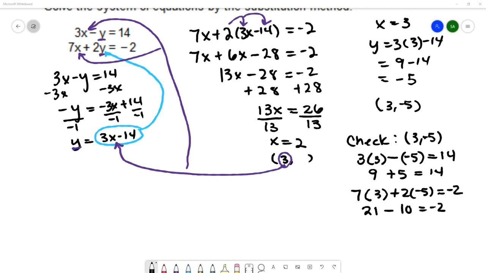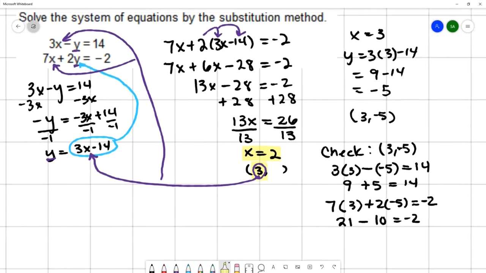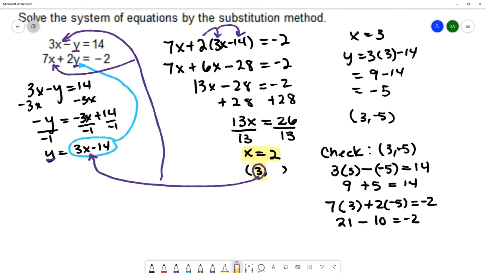Okay, so it's a good thing that we checked there, because right here I said that x is equal to 2, and I used the value of 3 instead of 2. So let's make that correction. So let's change this 3 to a 2.